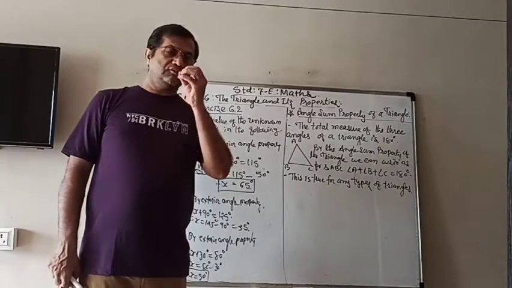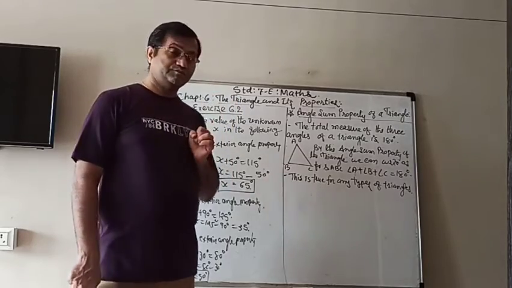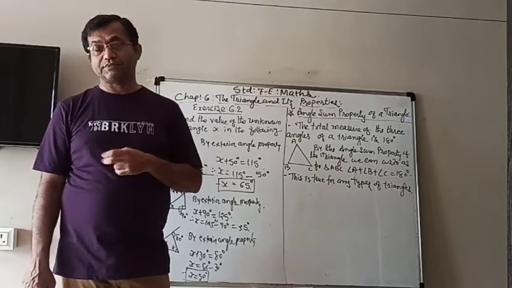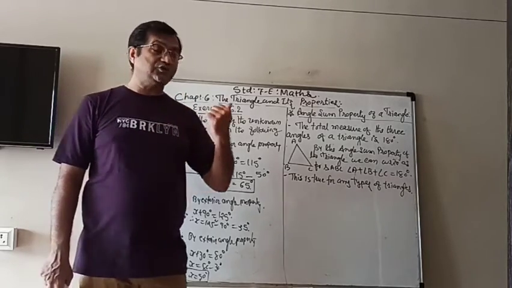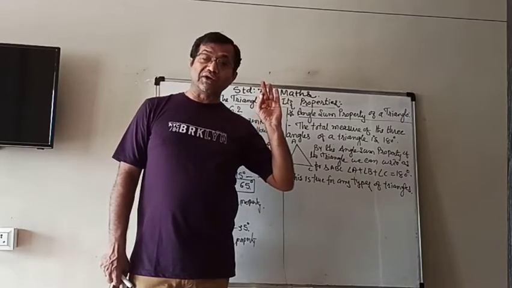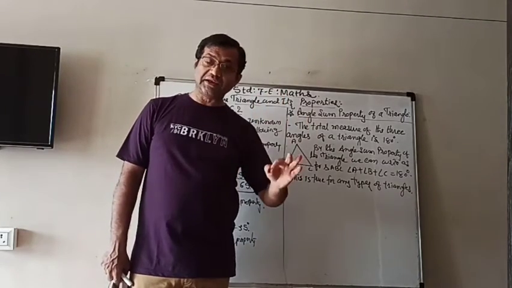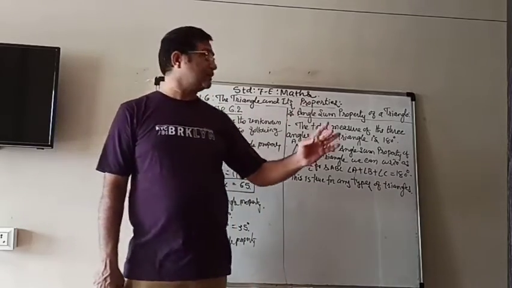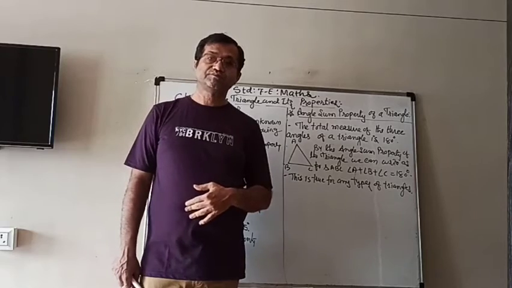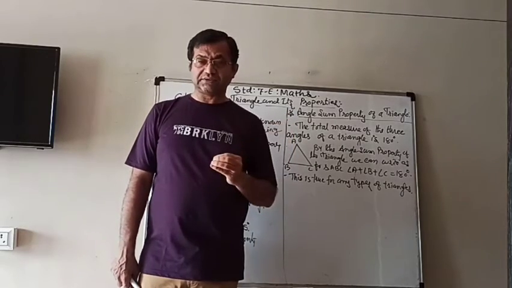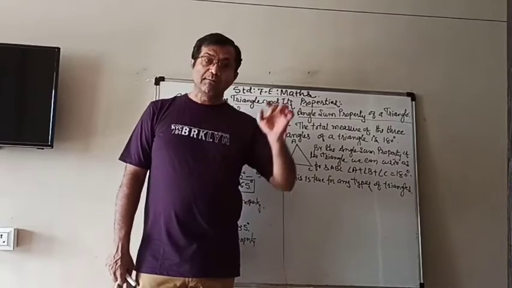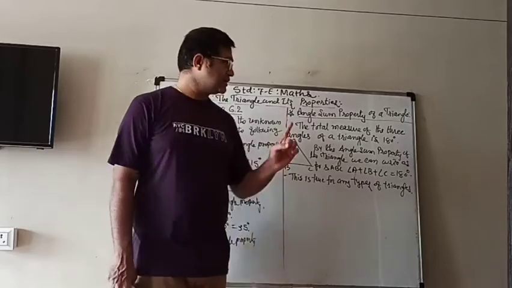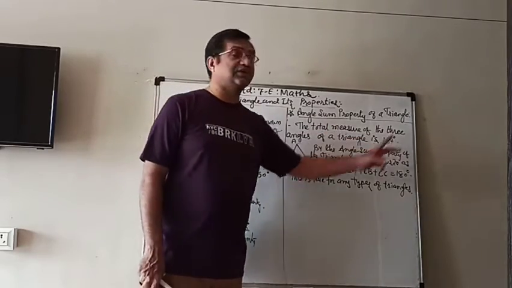Now we already learned one property of the triangle, that was the exterior angle property. Now I am going to teach you another very important property, and that is the angle sum property of a triangle. It says that the sum of measures of all the three angles of a triangle is 180 degree.